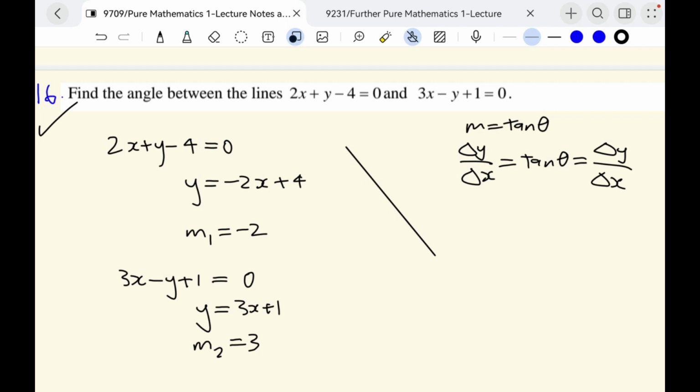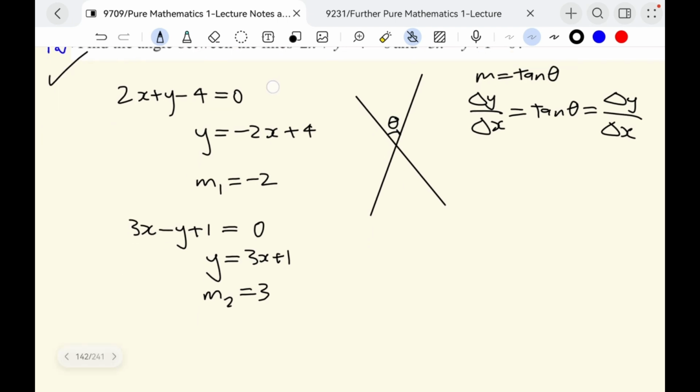So the second gradient is a positive slope, which is steeper than the magnitude of the first gradient. And this is the angle it wants you to find.